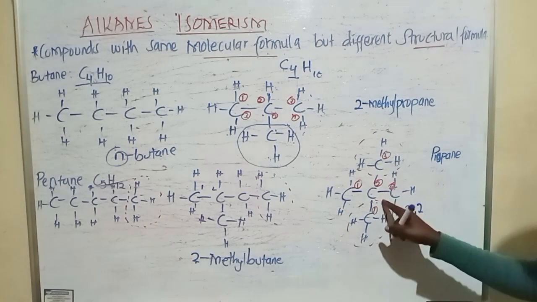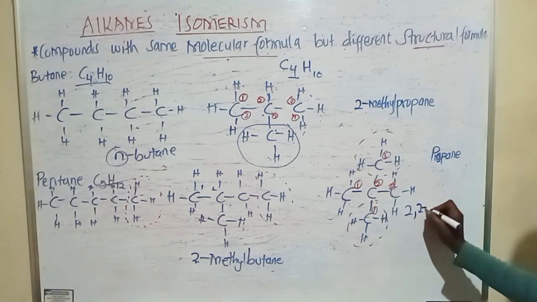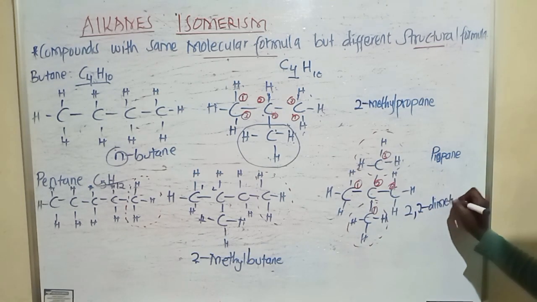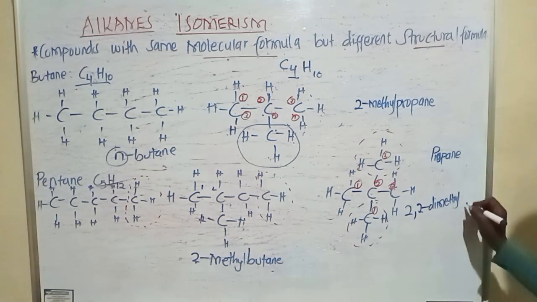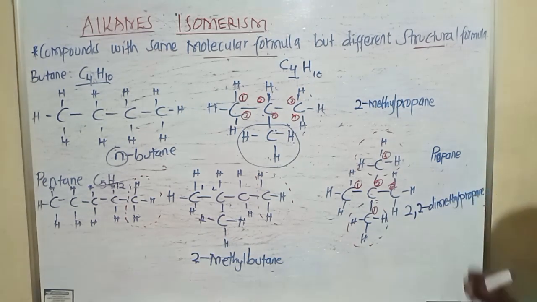So we have 2, 2, and because there are two, we say dimethyl. The longest carbon chain is propane, so it is 2,2-dimethyl propane. So that is how you work out isomers in alkanes.